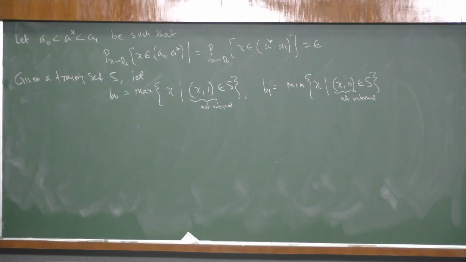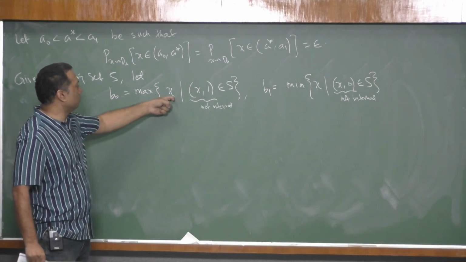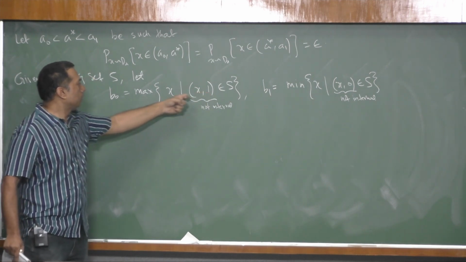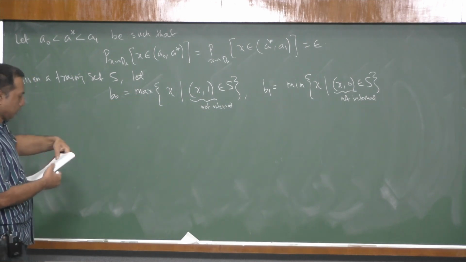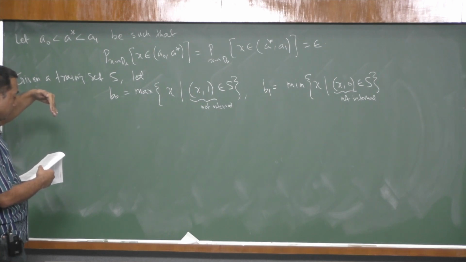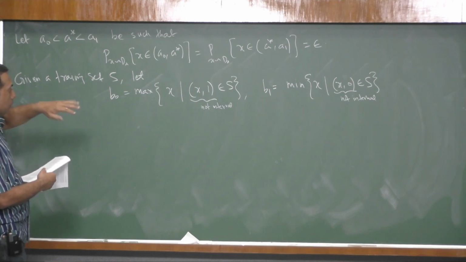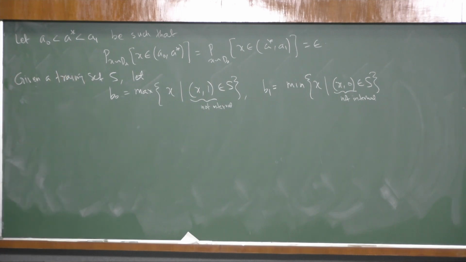So what we are trying to do is collect all those x with label 1 and take the maximum of that. I hope the ordering is okay. Less than will be 1. So I am on this side, so the left points are labeled 1.